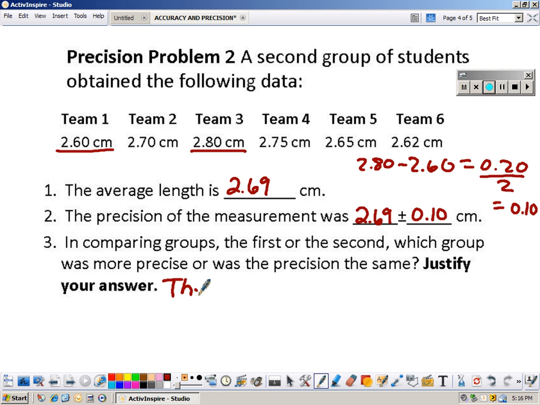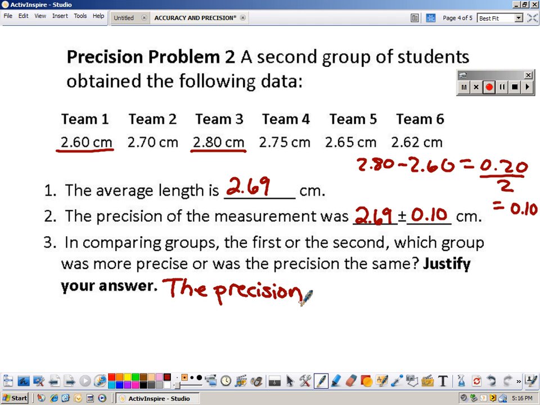The precision was pretty similar, since there was only a 1/10 of a centimeter difference, which is kind of like your margin of error. I would say the precision is very, very similar. They're not exactly the same, but they're very similar.